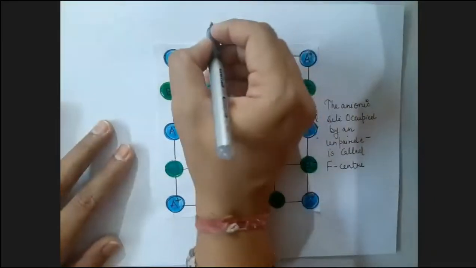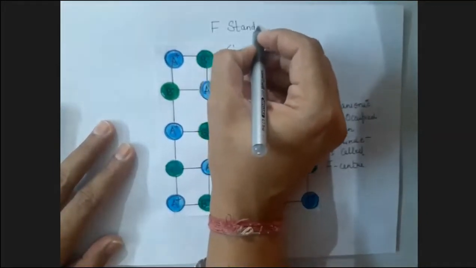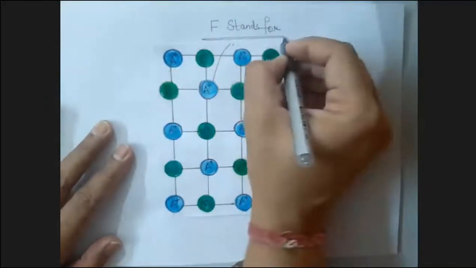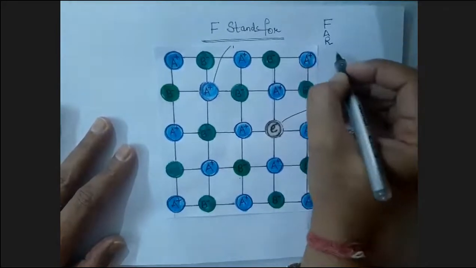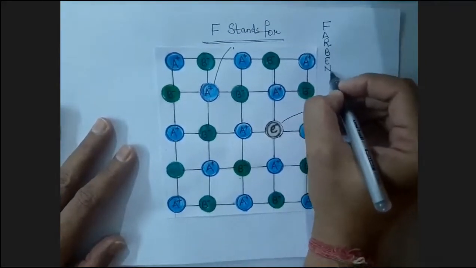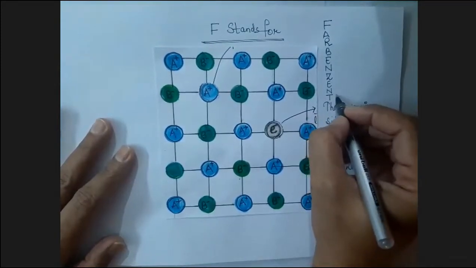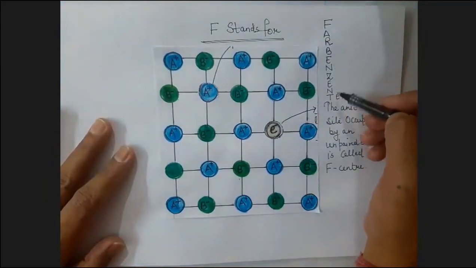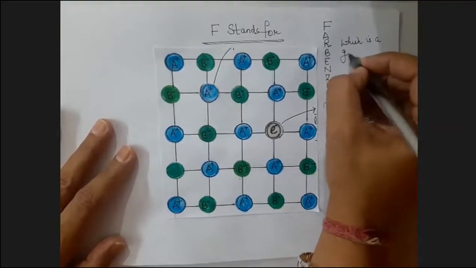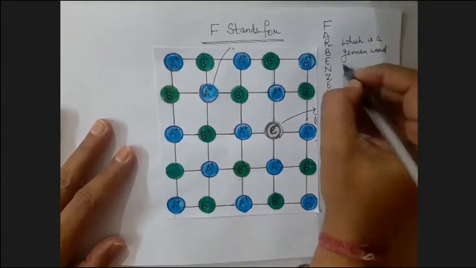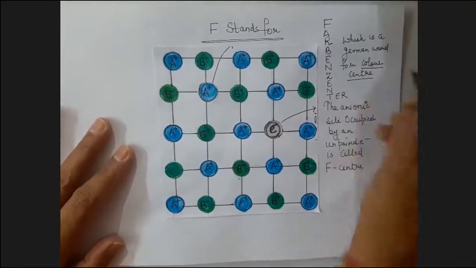F stands for Farbenzentrum, which is a German word for color center.